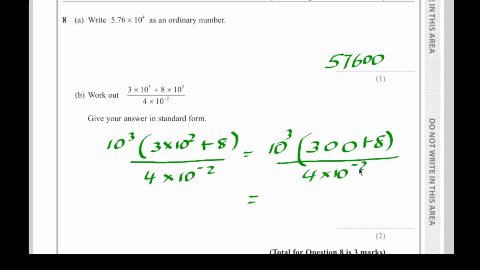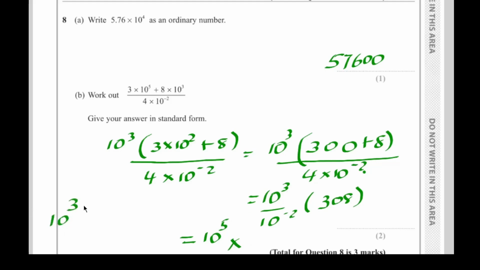So this is 10 to the power of 3, 10 to the power of minus 2. I can deal with these two. Therefore, I'm keeping it as they are. Don't try to simplify them. Here 308. So this one, 10 to the power of 5. Why? Because 3 minus minus 2 becomes 5. So final answer comes as 10 to the power of 5 into 308.